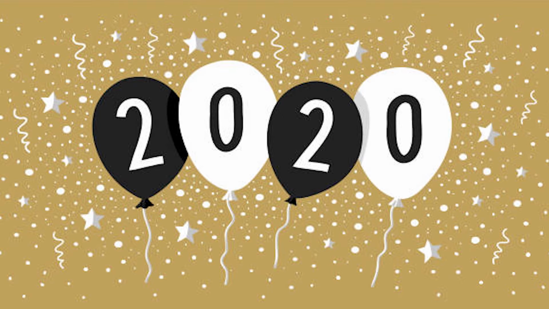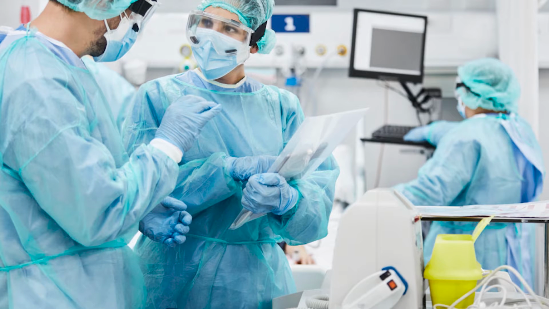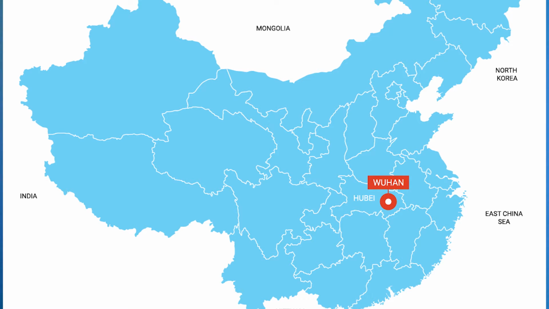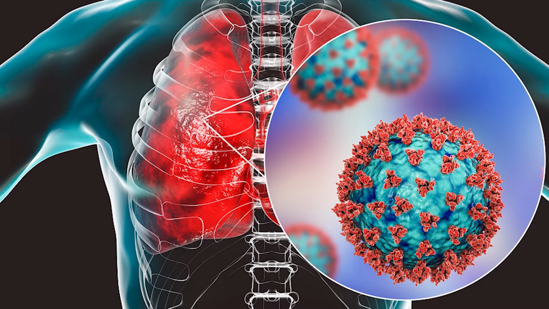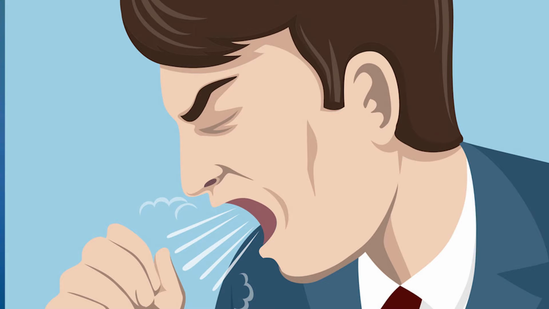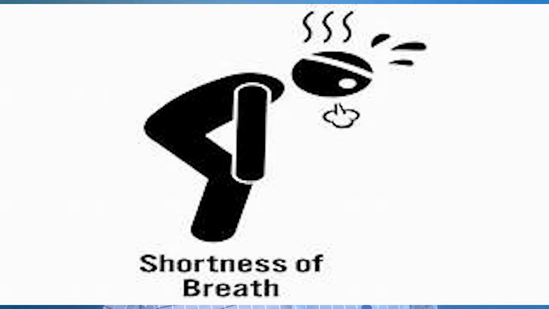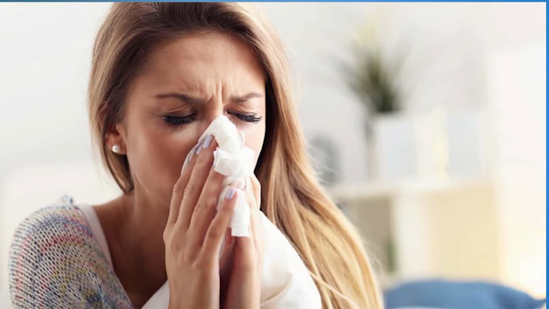In late 2019 and early 2020, the world experienced an outbreak of a strange new flu-like illness. Cases of this new sickness first crept up in the Wuhan region of China. To doctors and other healthcare workers, this new sickness appeared to be a respiratory infection because patients suffering from it reported experiencing symptoms such as coughing, high fever, shortness of breath, and runny nose.